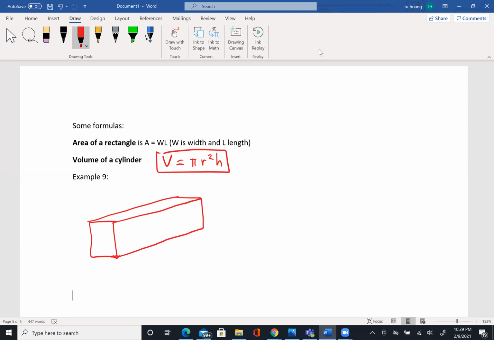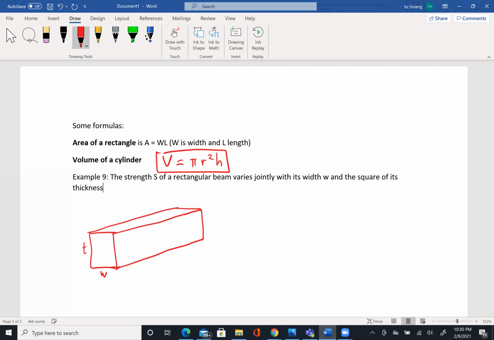This side is T, this side is W. So the strength S of a rectangular beam varies jointly with its width W and the square of its thickness T.